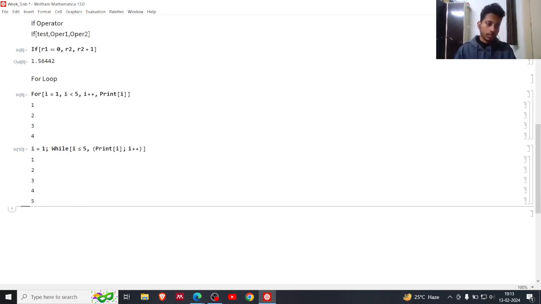So we started from setting I equal to 1, but while we are checking I less than equal to 5, we are executing this command, print I plus plus.